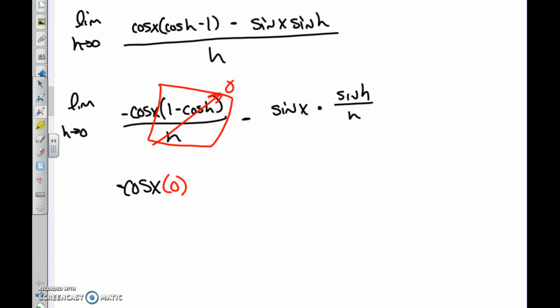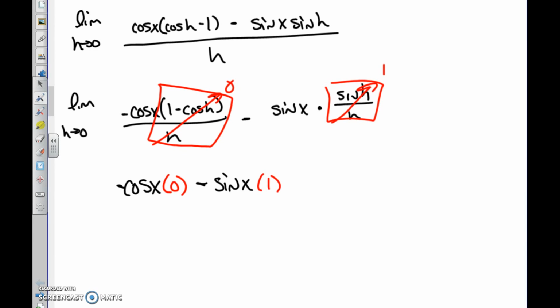Minus that sine of x just stays there, so that would be minus sine of x times, we're looking at evaluating this as the limit as h approaches 0. We know that all of that will go to 1, so that would be times 1 right there.